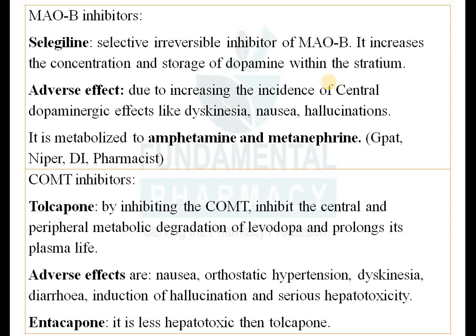Okay, so we have seen in the last lecture also there are two kinds, MAO A and MAO B. So MAO A will metabolize your noradrenaline, then serotonin, 5-hydroxytryptamine, and all that. Okay, it means catecholamines. And MAO B will metabolize dopamine. Okay, so in Parkinsonism what is happening?